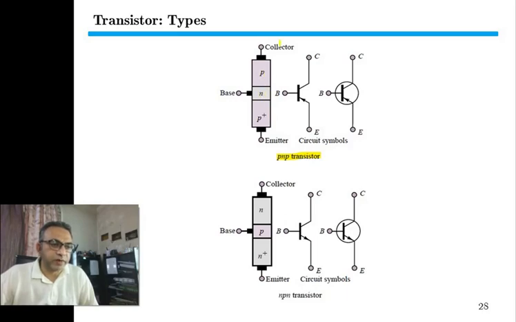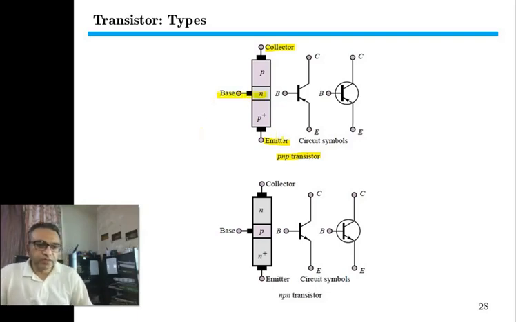The first P-type material is the collector terminal. The second P-type material is the emitter terminal, and in between, where there is the N-type material, we have the base. Then we see the circuit symbols for PNP transistors: the collector, the base, and the emitter.